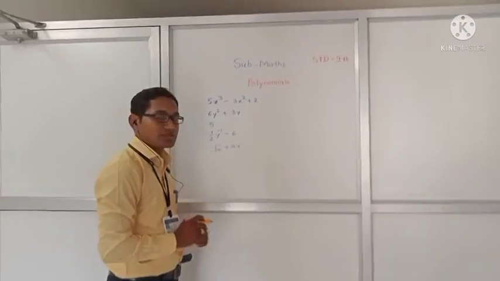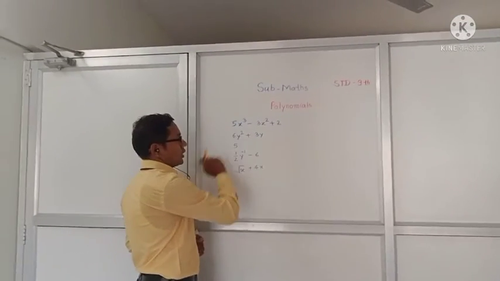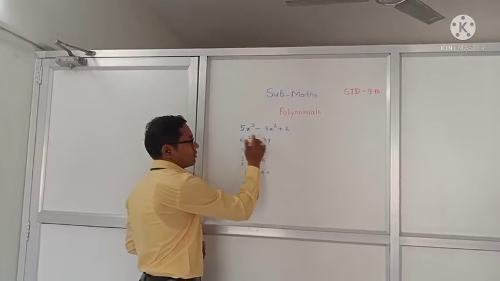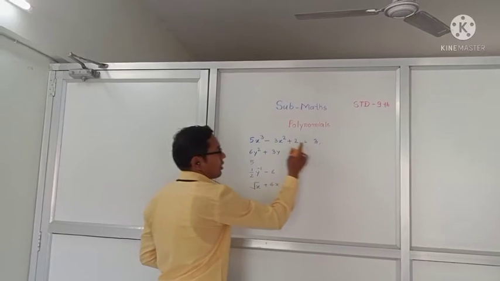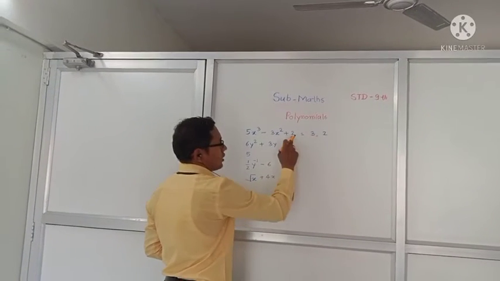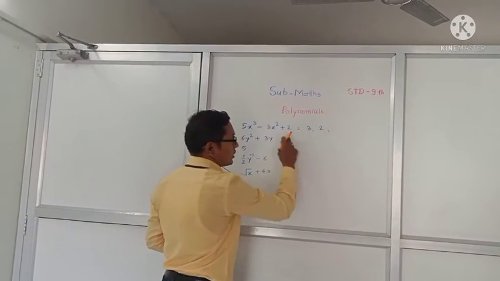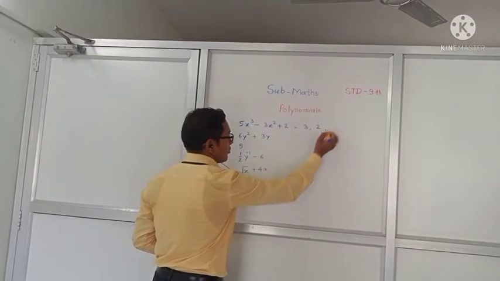Observe the powers of these expressions. Here x has the power 3, then this x has the power 2, and this 2 is a constant having power 1.